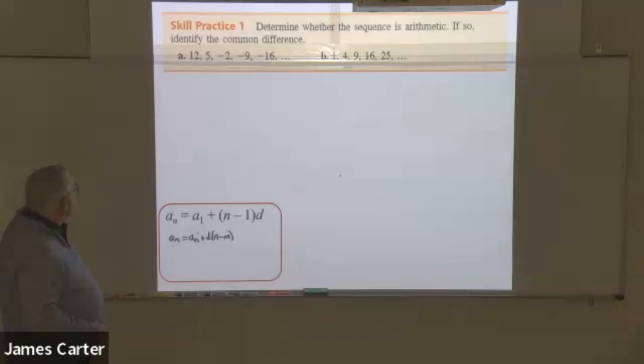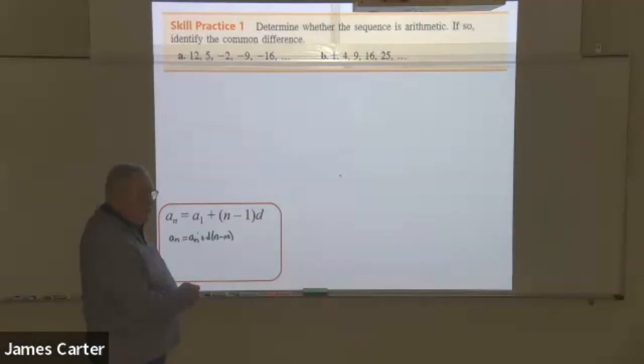Okay, here's another one. Is this arithmetic? 5 minus 12 is -7. -2 minus 5 is also -7. And so on. So yes, this has common difference -7.